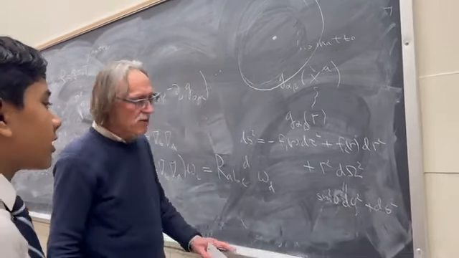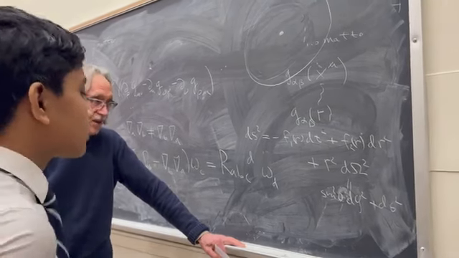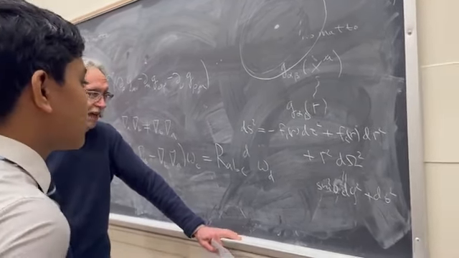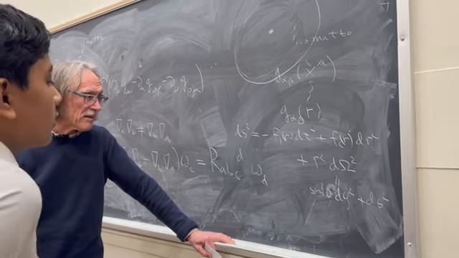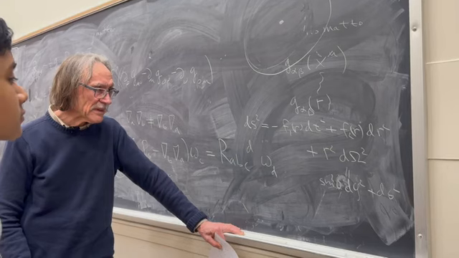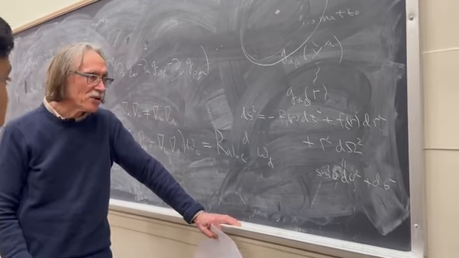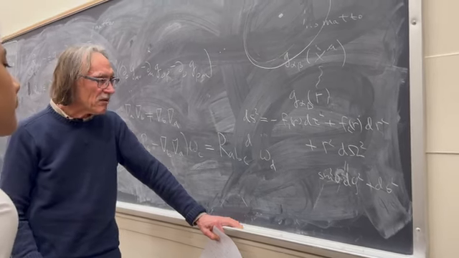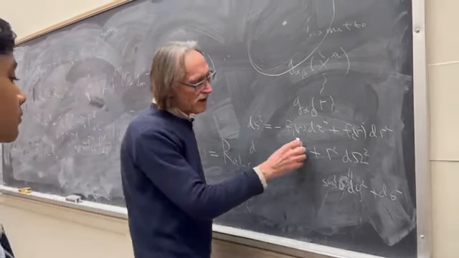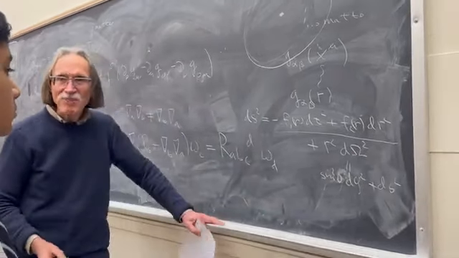Oh, so we're doing this as if we were in polar coordinates? Yeah, spherical coordinates, and because there's spherical symmetry, it can only be that. By assuming this form of the metric, life becomes much simpler.